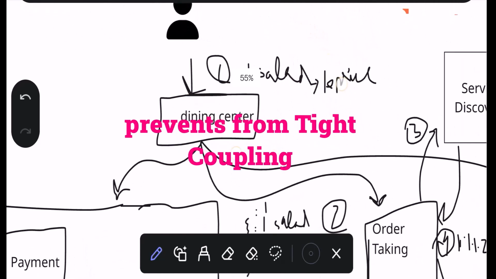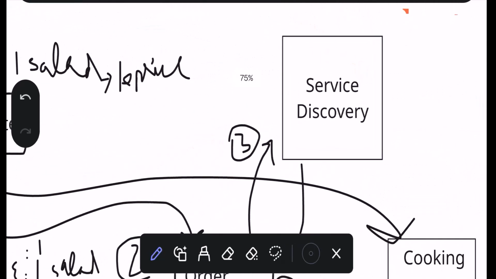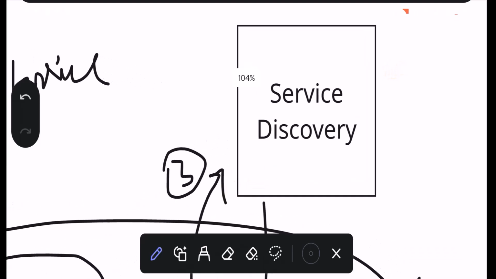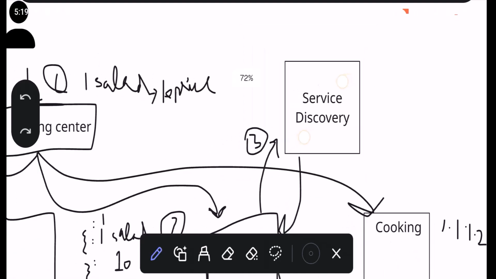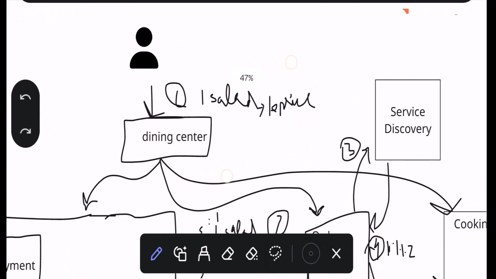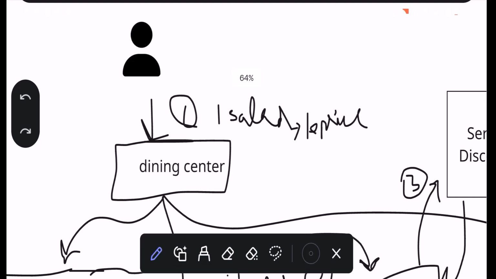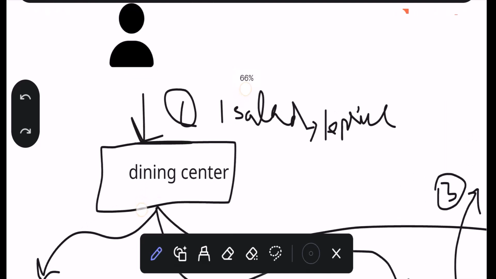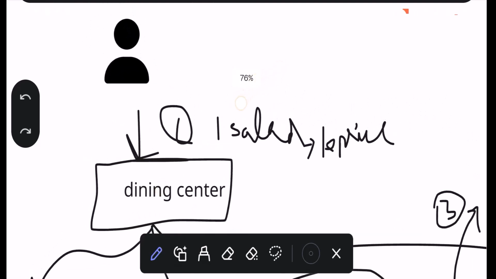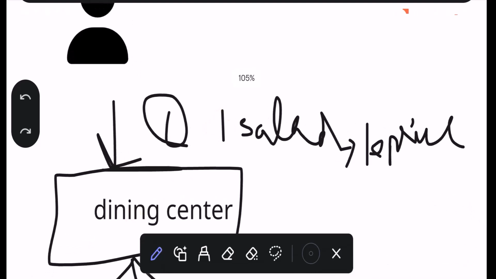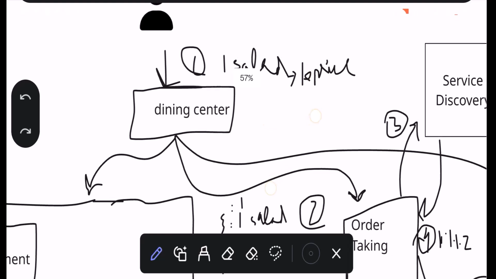So, as discussed earlier in the components section of the video, we use the service discovery component of the microservices architecture. Again, consider the real world analogy: a user comes to the dining center and tells the waiter, I want one salad of price 10.